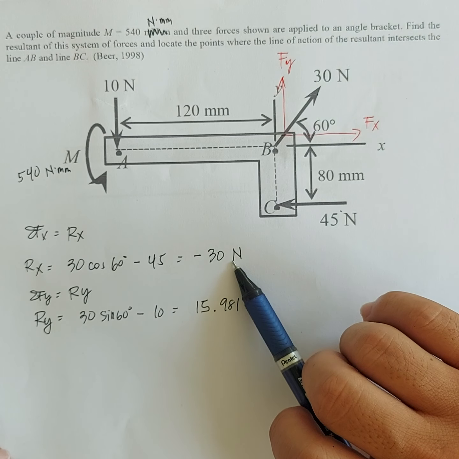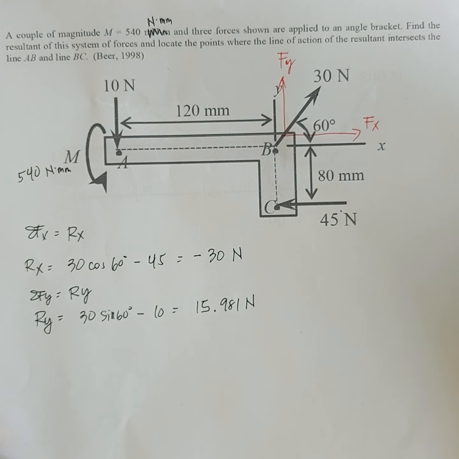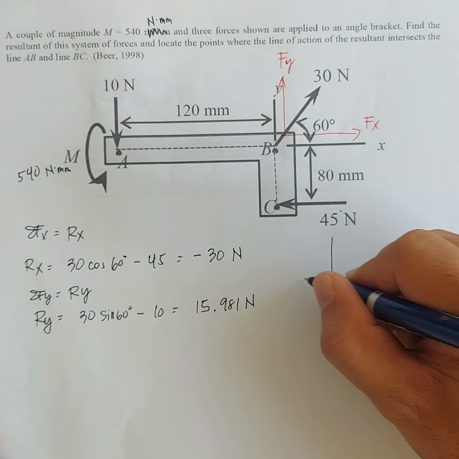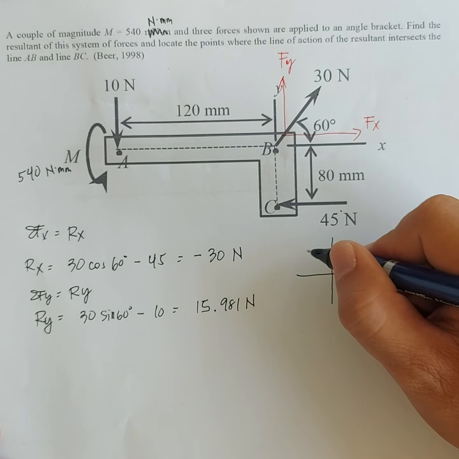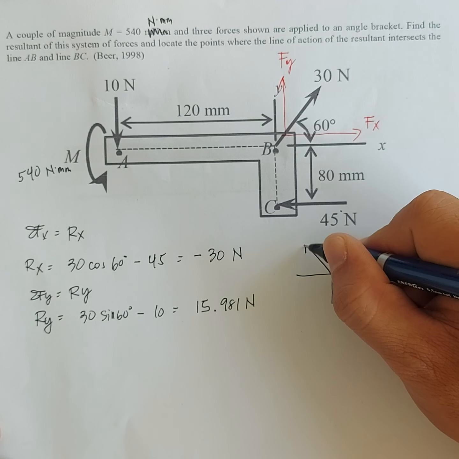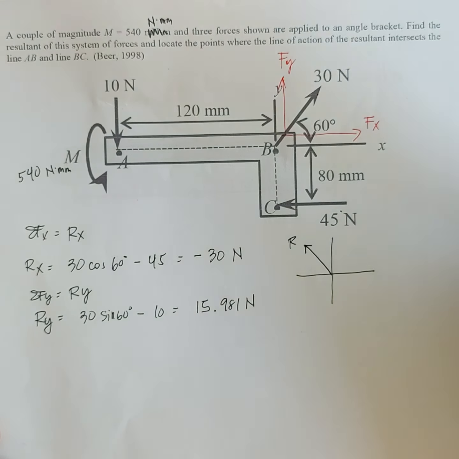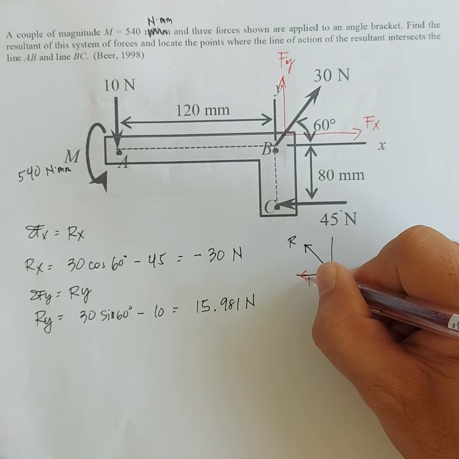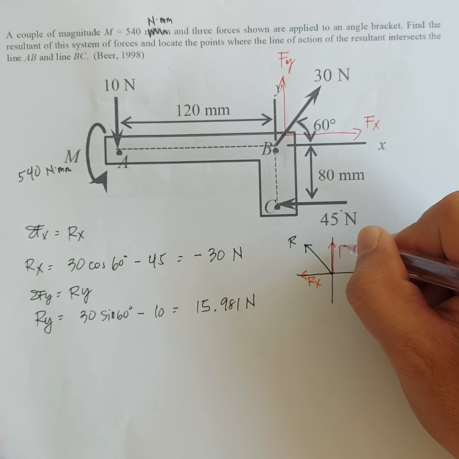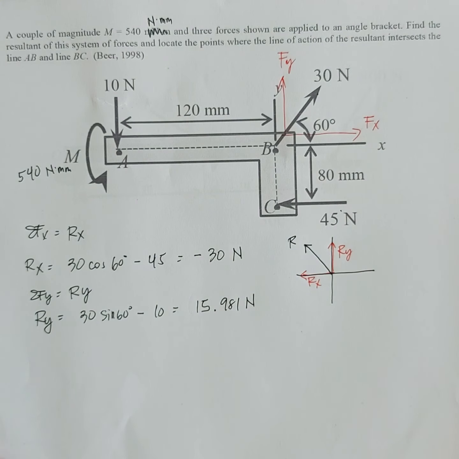The x is negative, y is positive. So here is our resultant force. This is Rx. That is Ry. Alright.